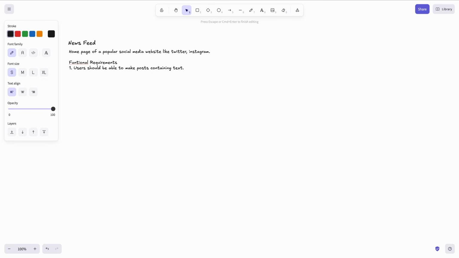This is the absolute core of a news feed, that is being able to create content. And for our initial design, we'll keep it simple and assume a post is just a piece of text. In a real world scenario, we would also consider images and videos, but starting with text helps us focus on the core mechanics first, and this is our primary write operation.